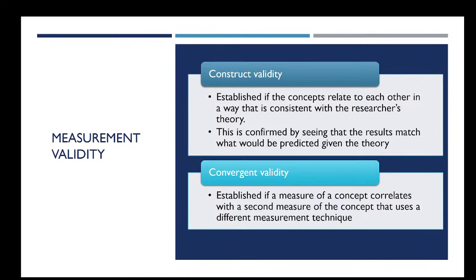Construct validity. You can think of this almost as internal validity. Basically, the concepts relate to each other in a way that's consistent with the researcher's theory. So within the researcher's theory, does the way they're measuring things make sense, right?